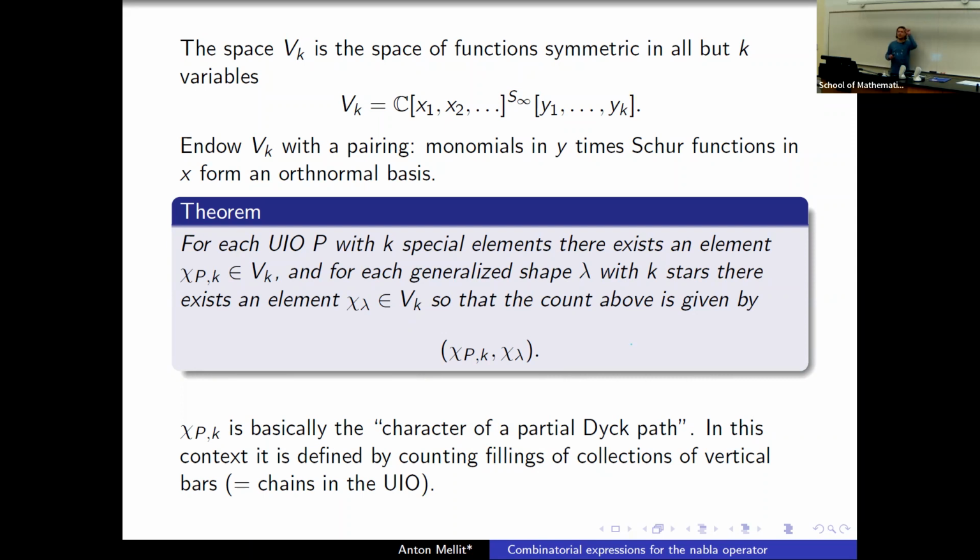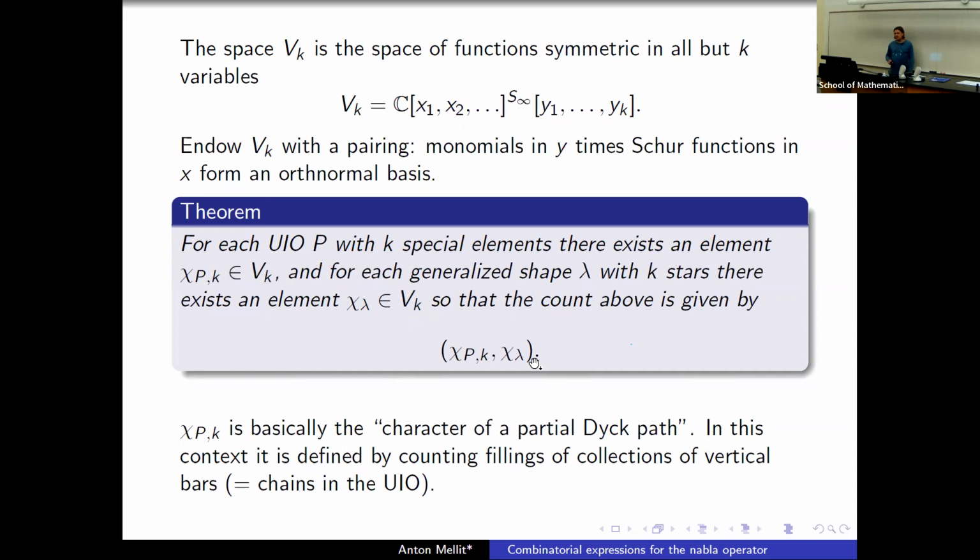You remember that in a vertical bar, entries must increase very fast, and that corresponds, in some other way, to counting chains in a poset. Maybe if you've heard about counting chains, you will be familiar. So it's made simpler to count chains, right?